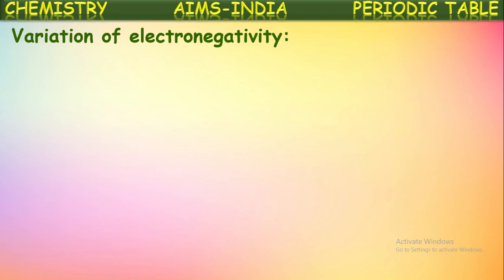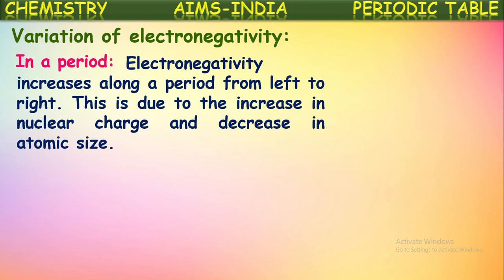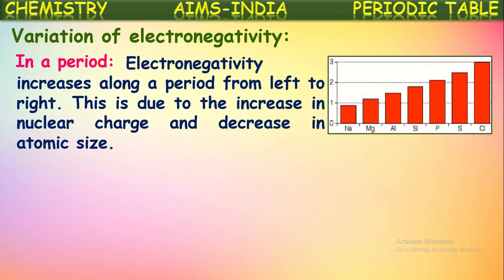So variation of this electronegativity in groups and periods, let us see here. How does it vary? First, let us see in a period. Electronegativity increases along a period from left to right. This is due to the increase in the nuclear charge and decrease in the atomic size.